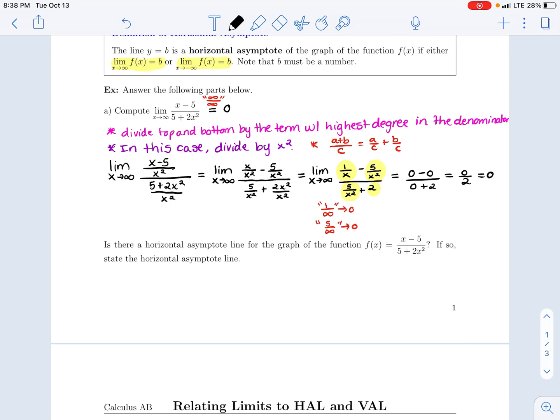So the answer is yes. And what my limit was equal to, that's going to give me my line. All right, and so the HAL for the horizontal asymptote line is y equals 0. Okay, since my limit was equal to 0, I know that the horizontal asymptote line there is y equals 0.